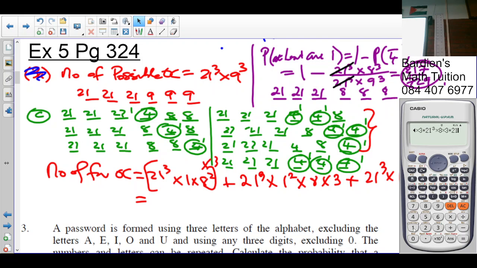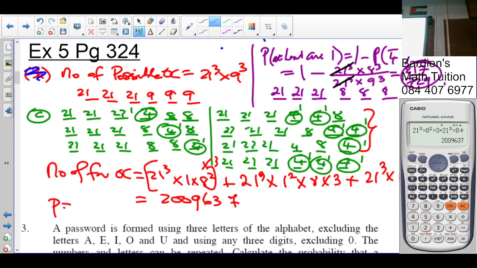Okay, plus 21 cubed times 1 cubed, which is 1. That's going to give you 2,009,637.